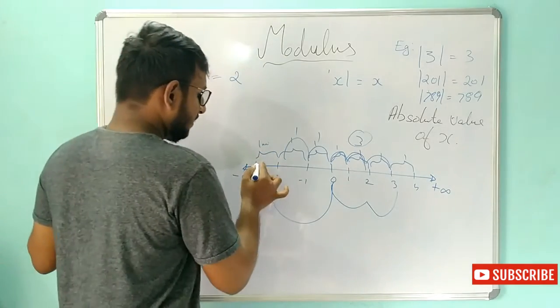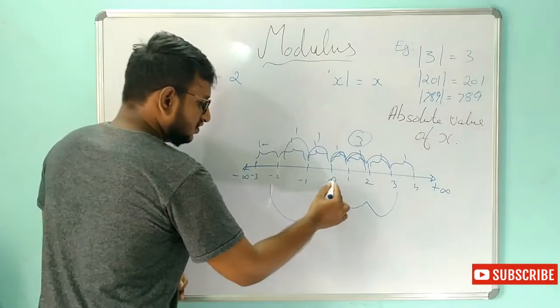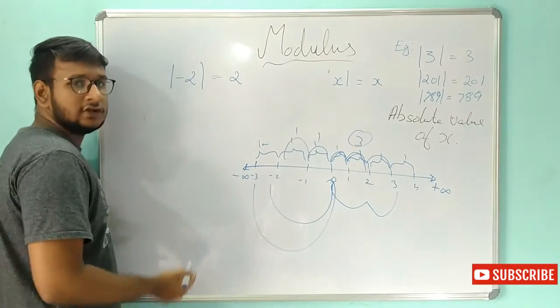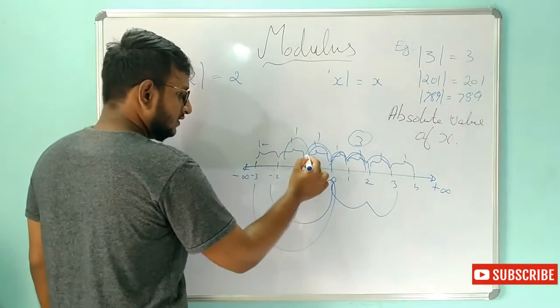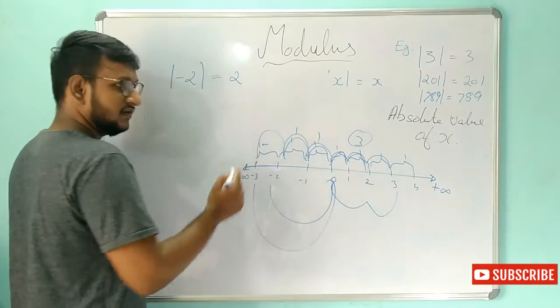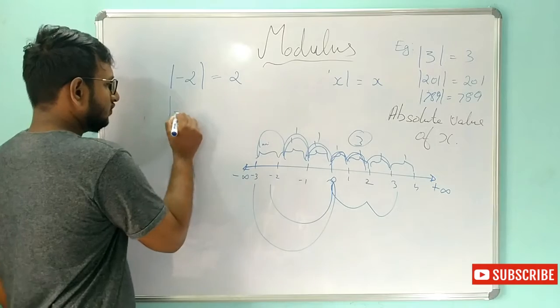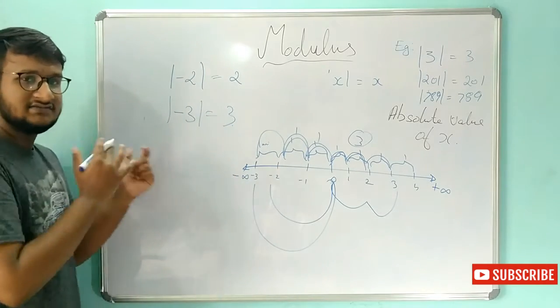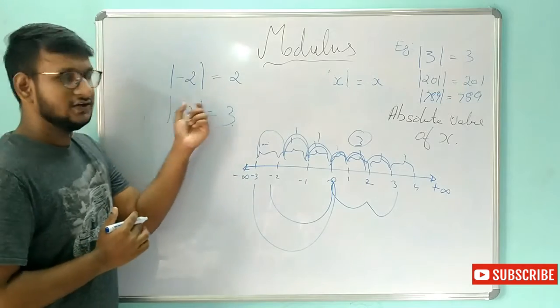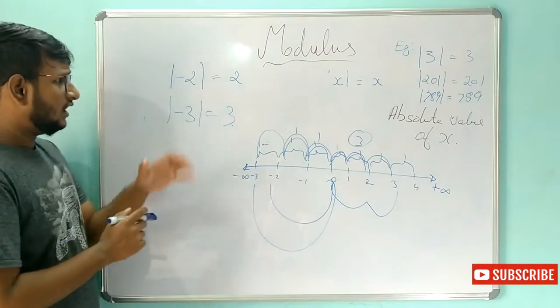What is the absolute value of minus 3? From 0 we go to minus 3, which is 1 plus 1 plus 1, which is 3. So the absolute value of minus 3 is also 3. Modulus of minus 3 is 3, and modulus of minus 2 is 2.